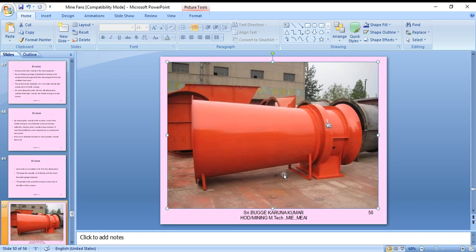Please see the image, the evasé gradually changing. This is the actual diameter, how it will be changing.